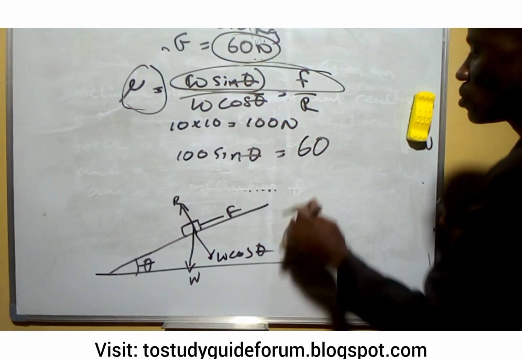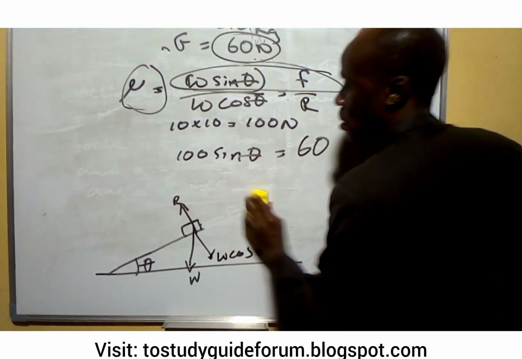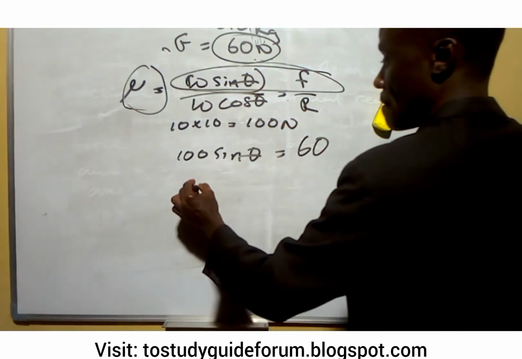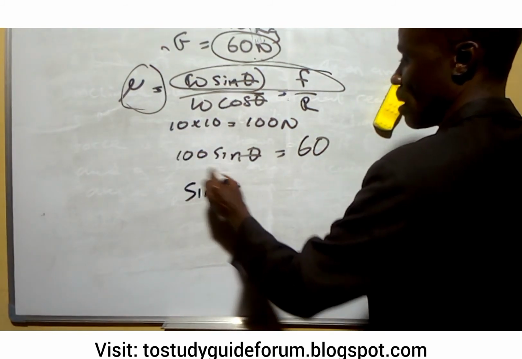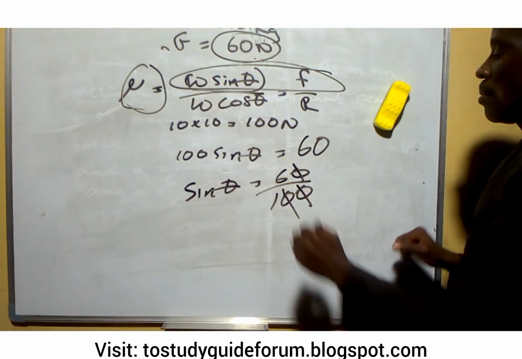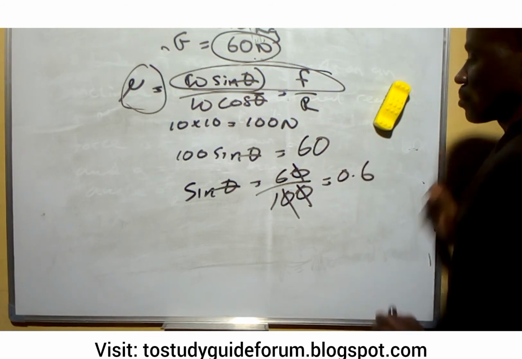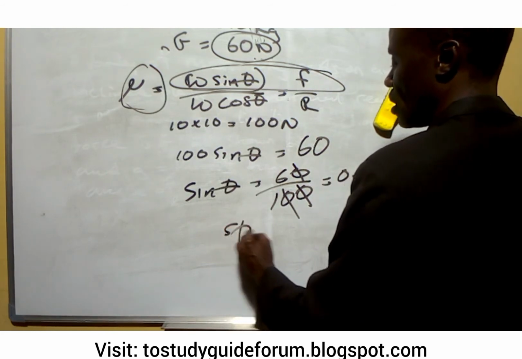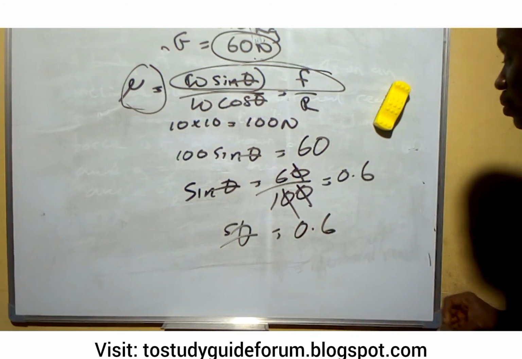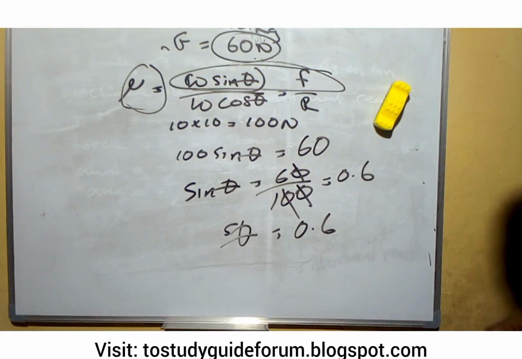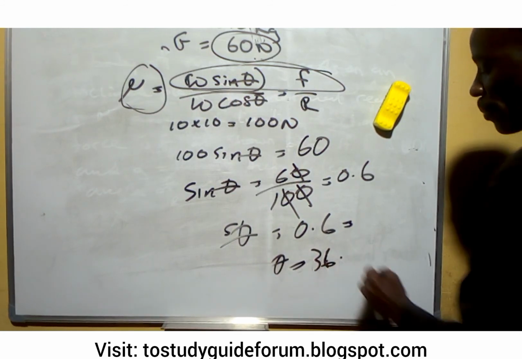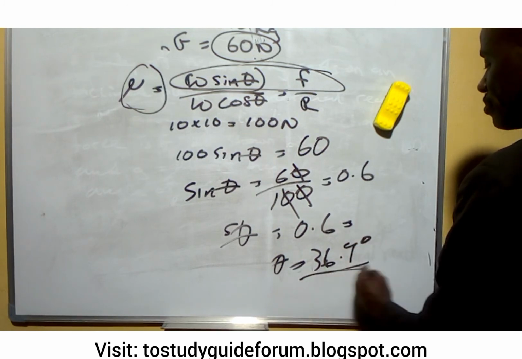To find theta, 60 divided by 100 gives 0.6. Taking the inverse sine of this, we can use a calculator, and theta will be 36.9 degrees.